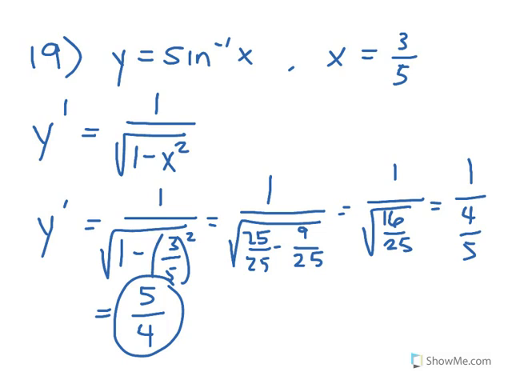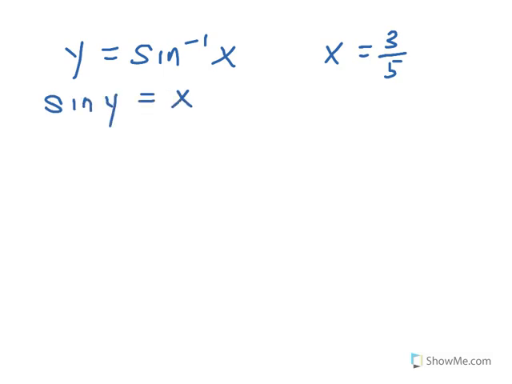Let's start over and remind ourselves that we have y is sine inverse of x, and x is 3/5. Now, if y is equal to sine inverse of x, then if I write that backwards, I would say that the sine of y must be equal to x.